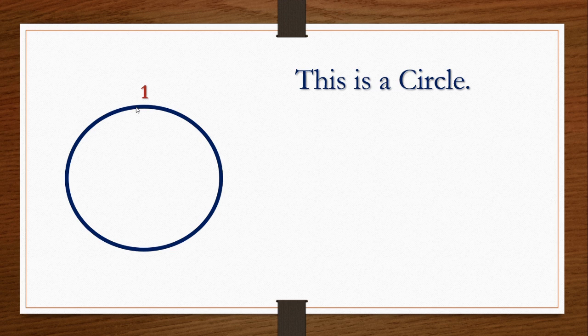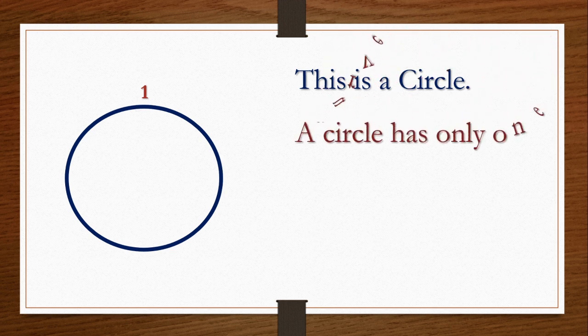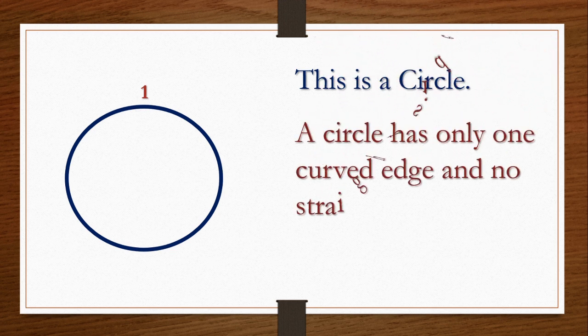So we can write here, circle has only one curved edge and no straight side. Straight means, you know, in a line, right? No straight side is there. Only one curved edge. Remember this, okay?